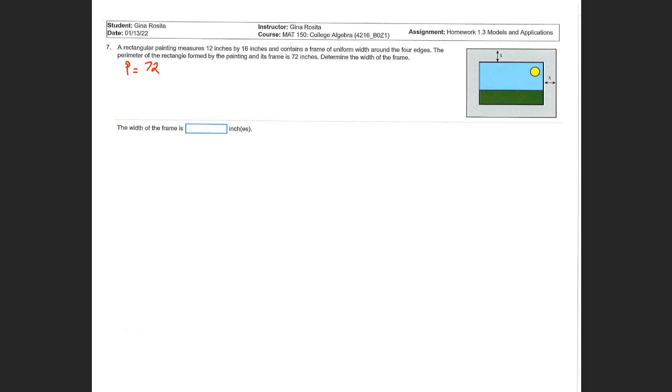This is 12 inches. This is 16 inches. And it contains a frame of uniform width around the 4 edges. So this is x, this is x, this is x, this is x.